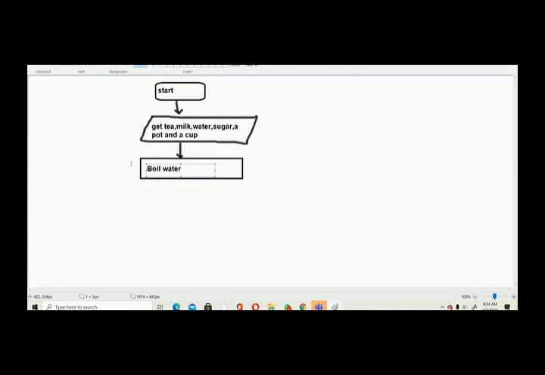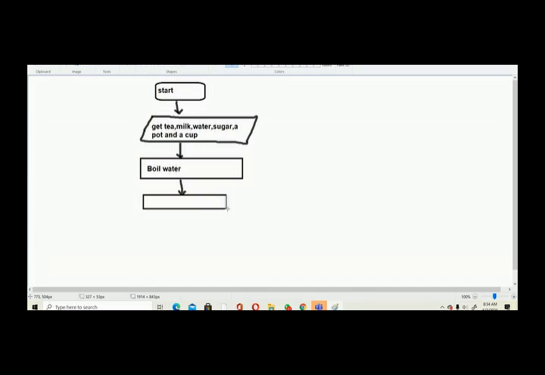Then we will do this very briefly, not writing everything. So boil water, then add tea leaves to the boiled water and keep it for a few minutes. Yes, you can write that here.